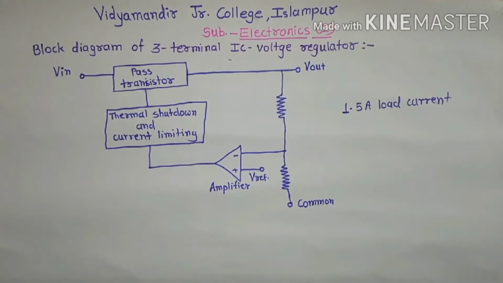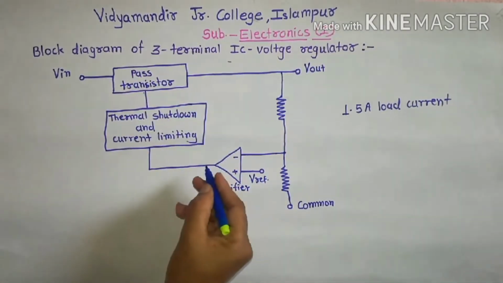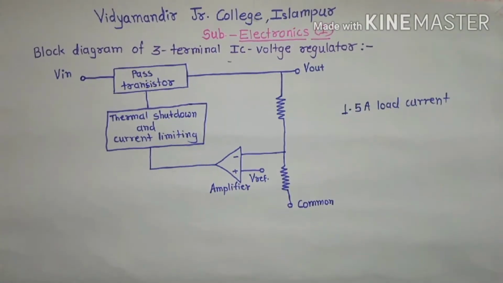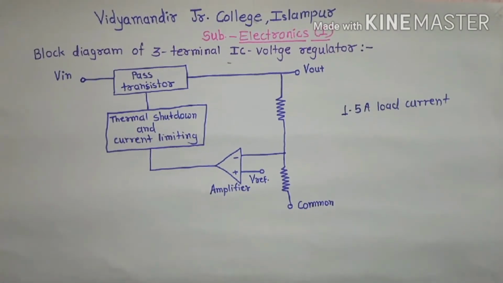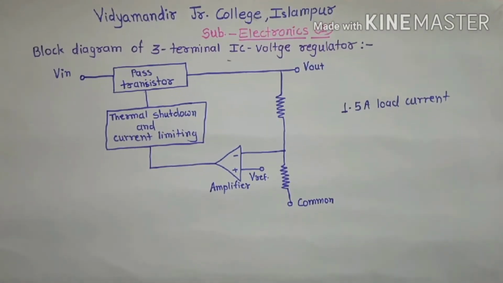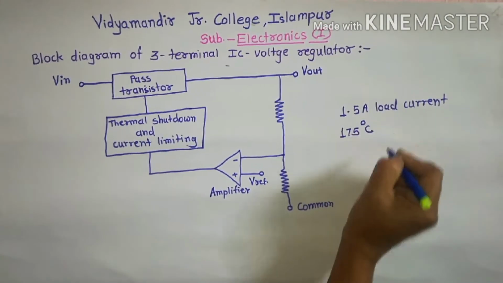The need of heat sinks or fans is that this IC chip turns itself off when the internal temperature of this IC becomes more than 175 degree Celsius.